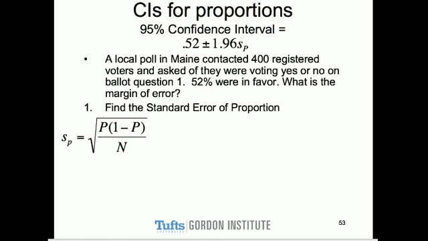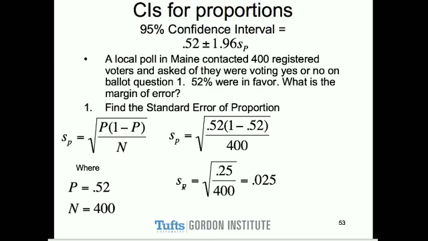So how do we calculate the standard error of proportion, all right? We know P is 0.52, so we're going to place that in there. And we know N, our sample size, the number of voters who were queried on this, is right there, all right?